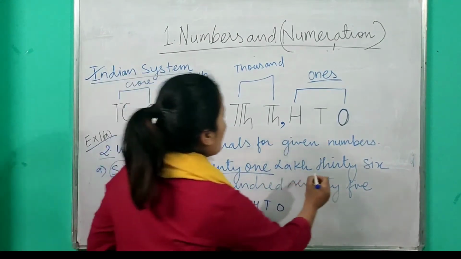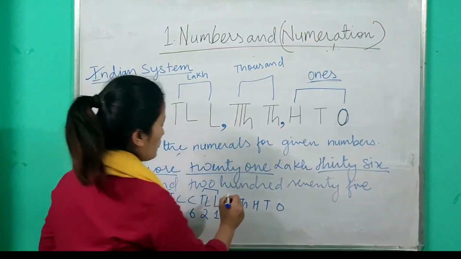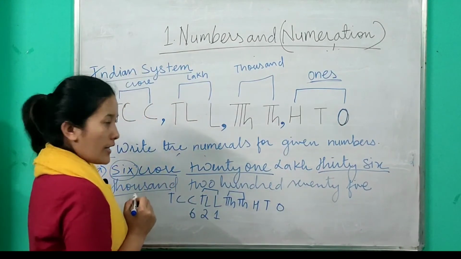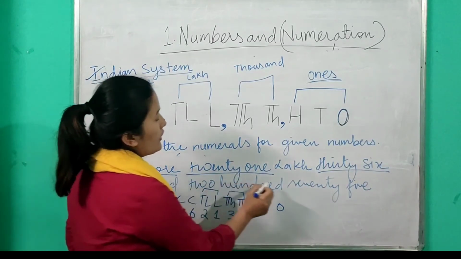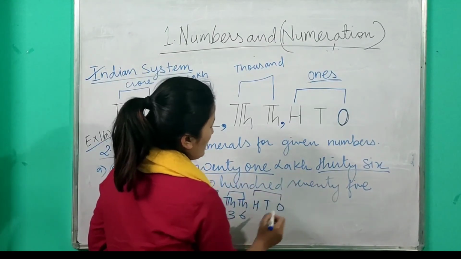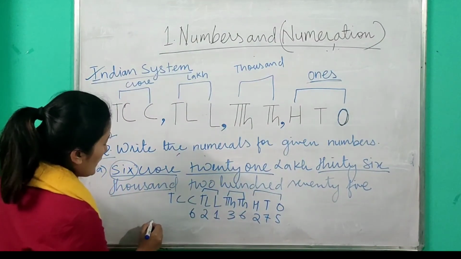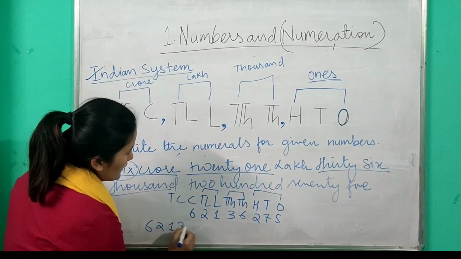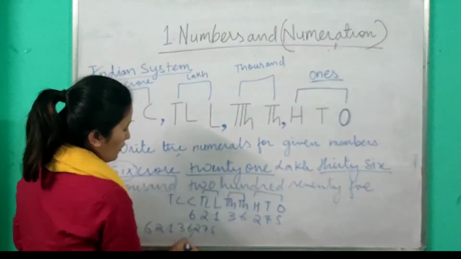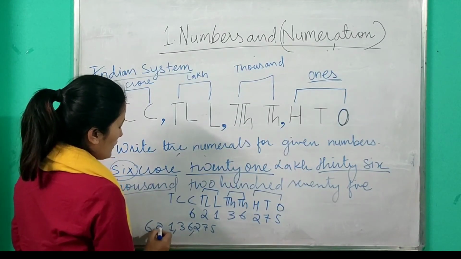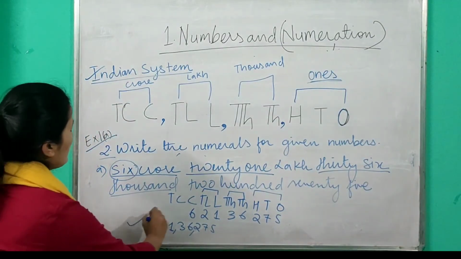Then 36,000 falls under the thousands period. Then you have 275, which falls under the ones period. So your number would be 621,36275. Put the commas. This would be your answer: 6,21,36,275.